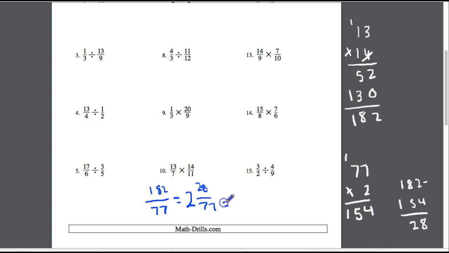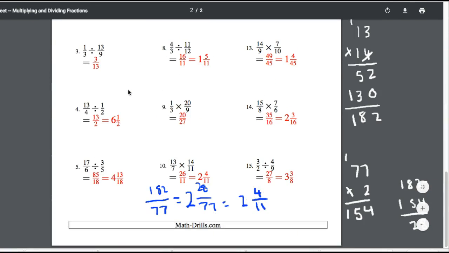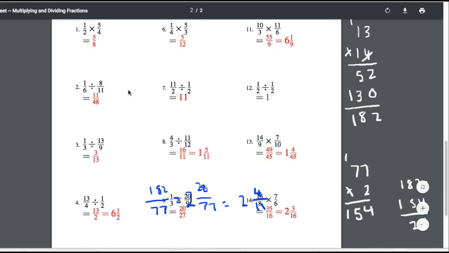And I know that 7 goes into 28 and 77, so it's 4 over 11. Oh, let's check the answer because I feel like I may have made a mistake. Let's just check question 10. 2 and 4 elevenths, well done.